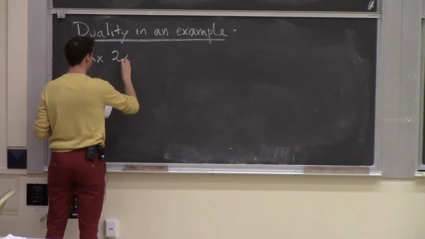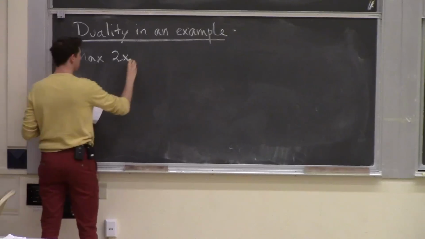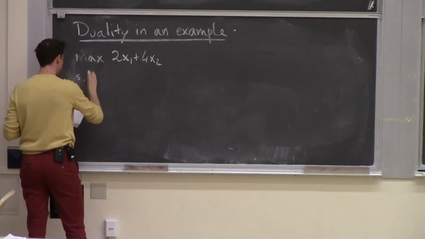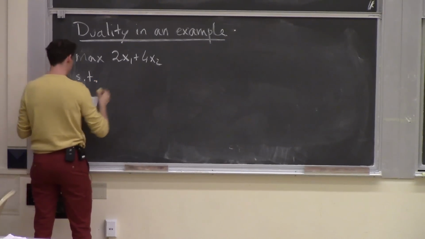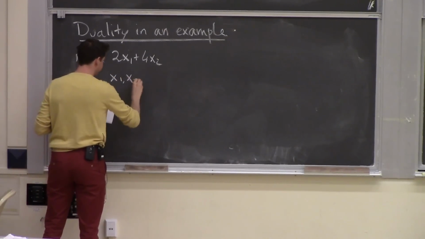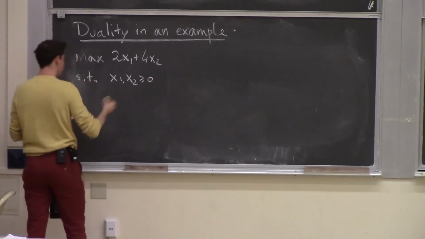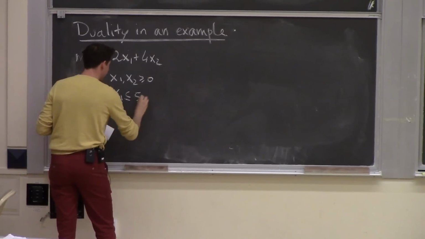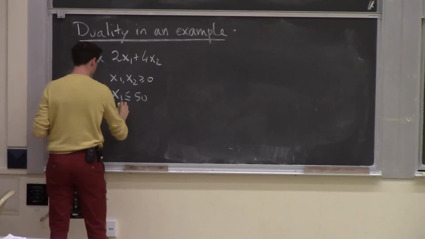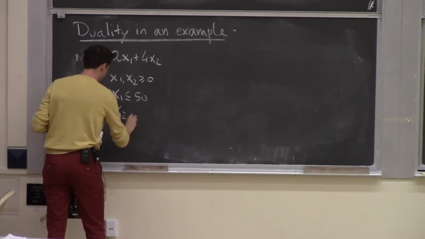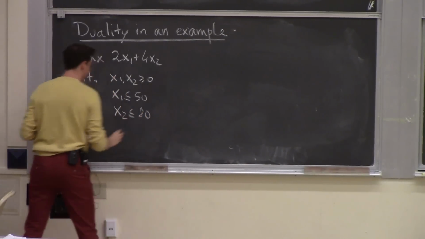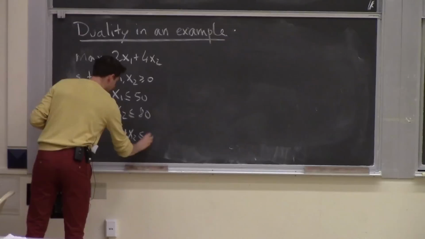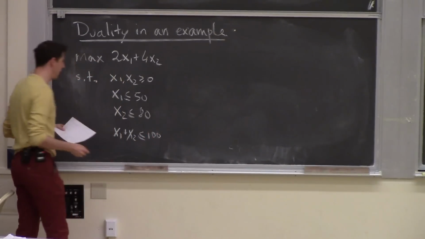So you want to maximize 2x1 plus 4x2 subject to the constraints. First, non-negativity, because you're actually selling things. Then the daily demand was no more than 50 for, maybe chestnuts, and for corn it was no more than 80.